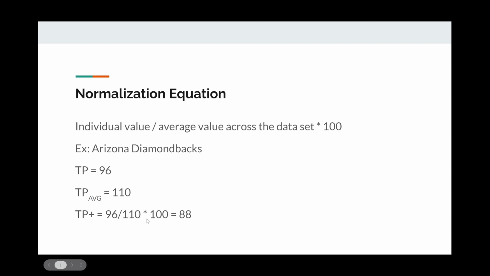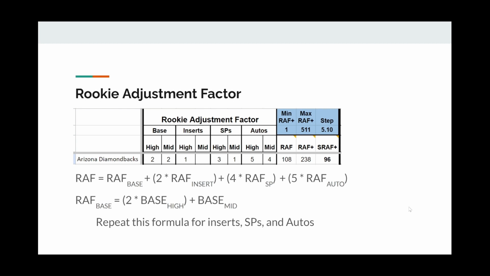So from there, I apply what I call a rookie adjustment factor. The purpose of this rookie adjustment factor is to basically account for the high value and the mid value rookies that are present in the card set, to basically just scale everything up.